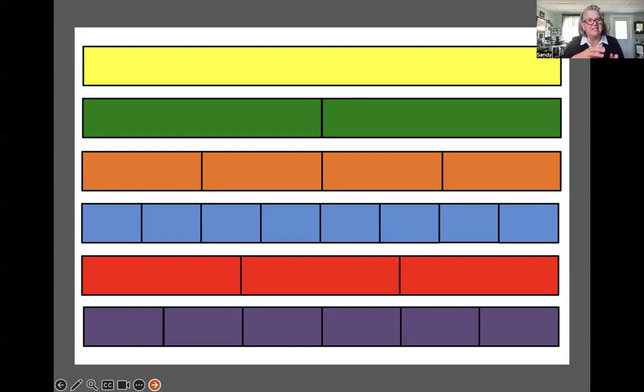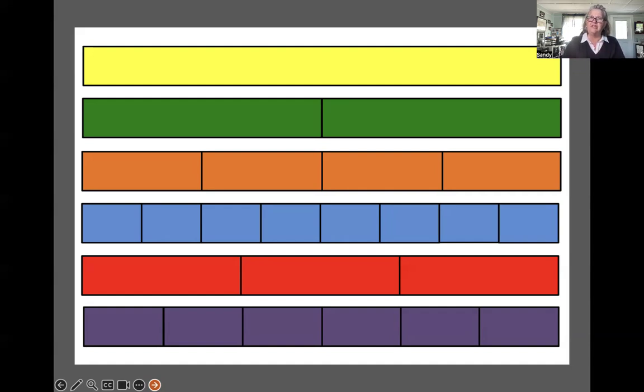Then they make this kit, and we use the kit to find fraction relationships between the pieces, what happens when you combine them. I'll leave the links to those two videos in the description below, so you can see those. But we're going to use this fraction kit to represent what we're doing with mixed numbers and improper fractions.